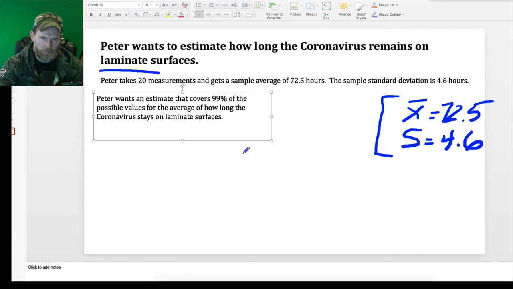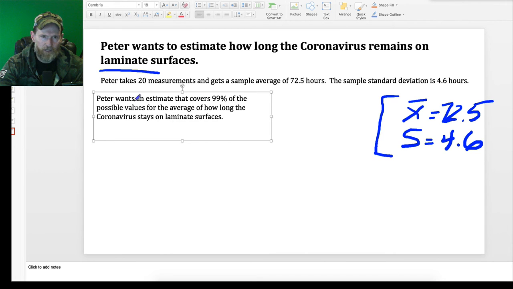So this tricky wording is always going to be there, so just take it one step at a time and frame the problem. So the first question is, what type of problem is this? Is this a single value X? Probably not, because we have a sample average. Is it a sampling problem?